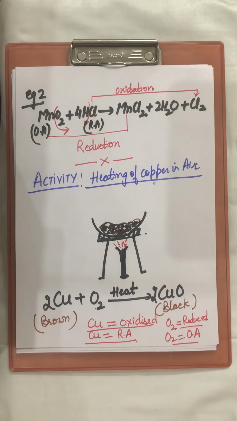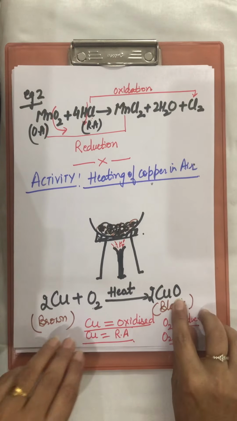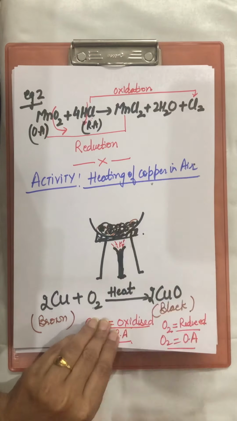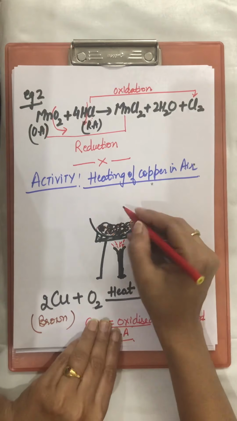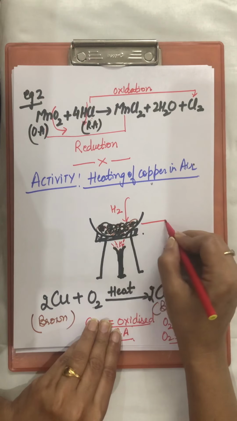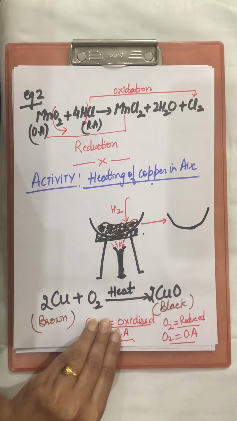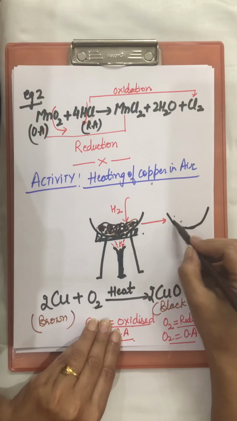Now after this, we have to reverse this process. And how do we reverse this process? We pass hydrogen through this copper oxide. So when we pass hydrogen to this, we will get a brown color back here.